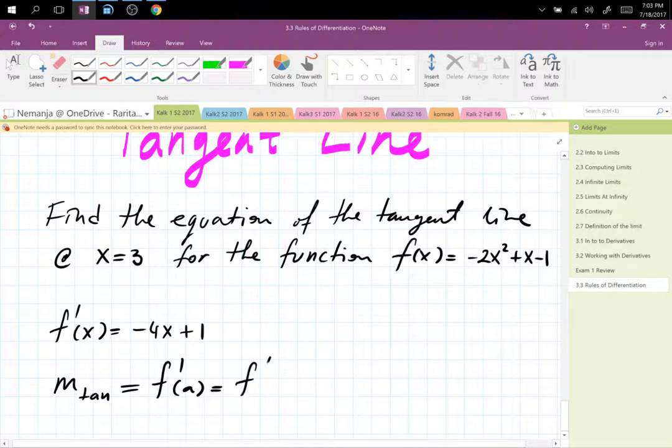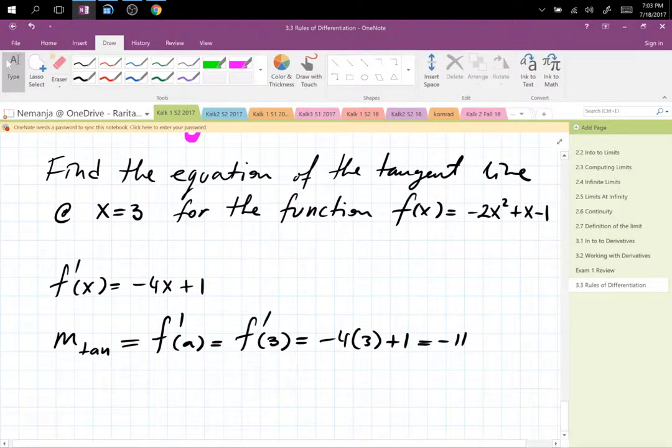So we are looking at the derivative computed at 3, which is negative 4 times 3 plus 1, giving us negative 11. So we know that the slope is negative 11. This is why this whole section on derivatives is so great. We don't have to crank the long limit. All we need to do is simply take the derivative and then plug in 3.